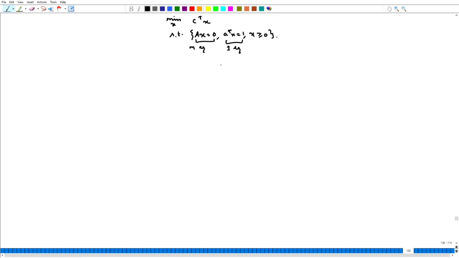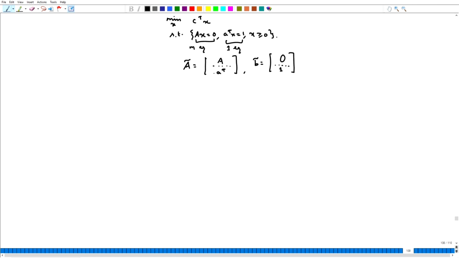equality constraints. So, we will write down a matrix A tilde, which is A and a transpose, little a transpose. And the b here turns out to be b tilde, which is m zeros and a 1.